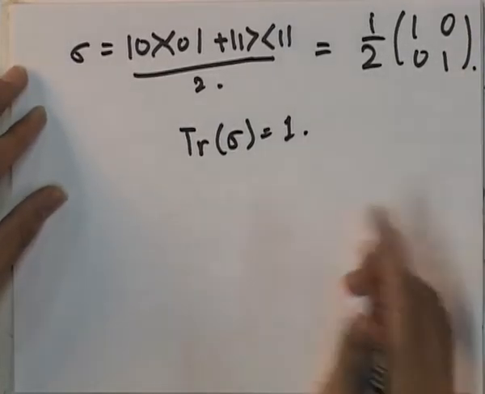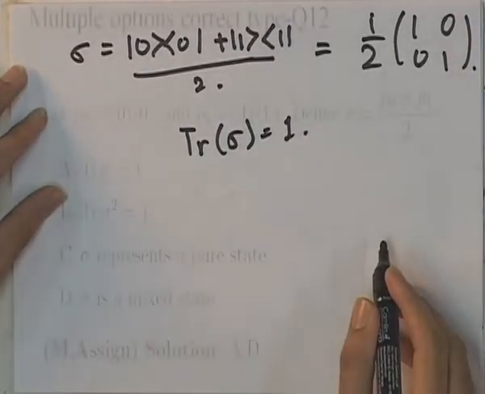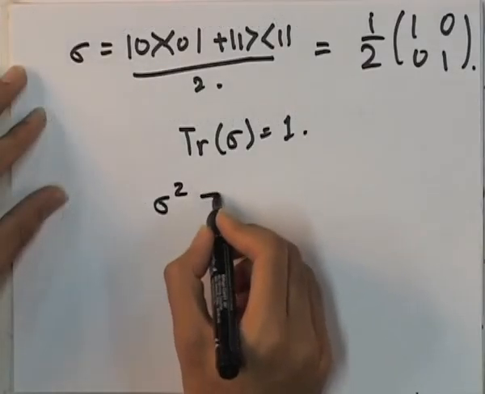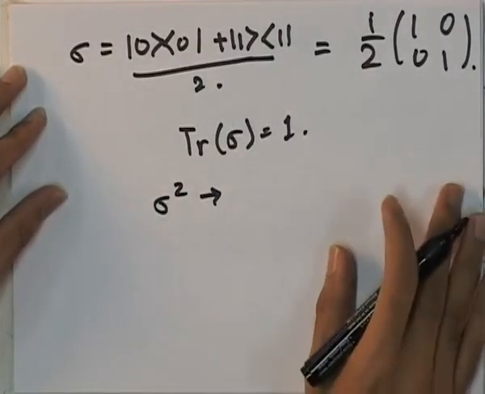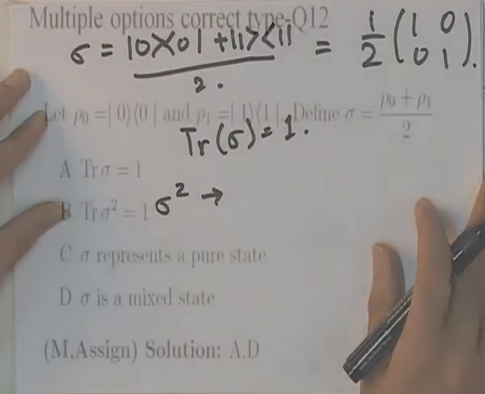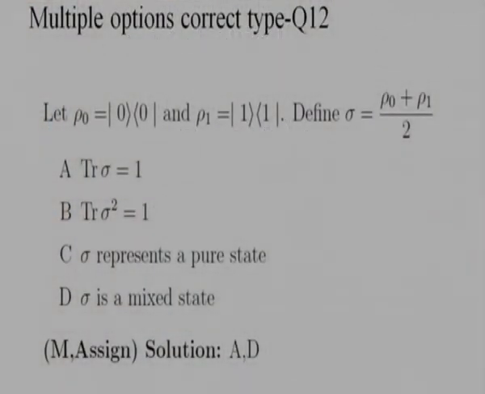Now option B is that the trace of sigma squared is equal to 1. If you evaluate sigma squared, it will turn out that its trace is not equal to 1. So option B is incorrect. Now option C states that the state is a pure state.